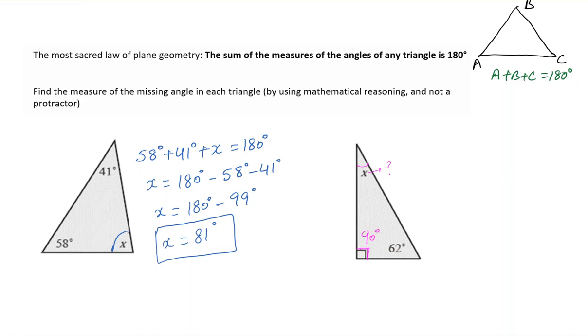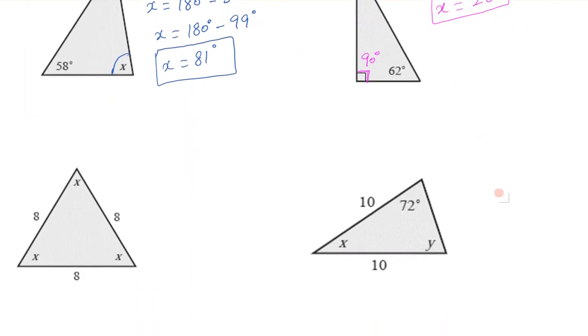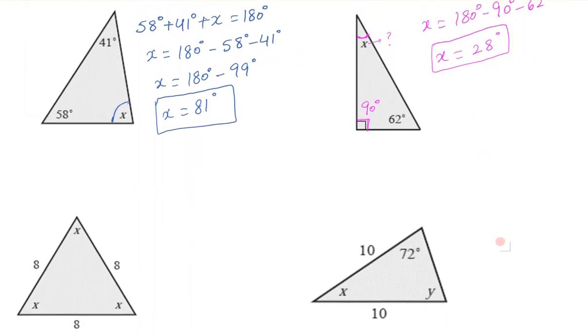Again, since the sum of all three angles is 180 degrees, x would be 180 minus the other two angles. So from here we get x is equal to 28 degrees. Right. Let's take a look at the next two problems.